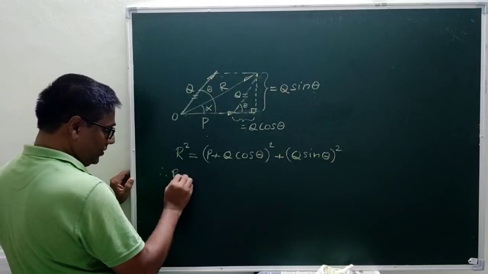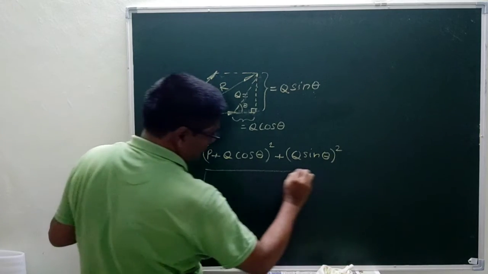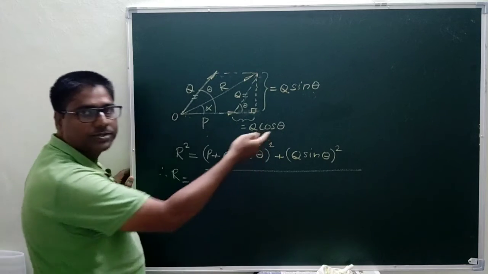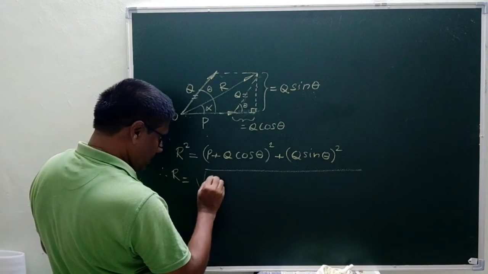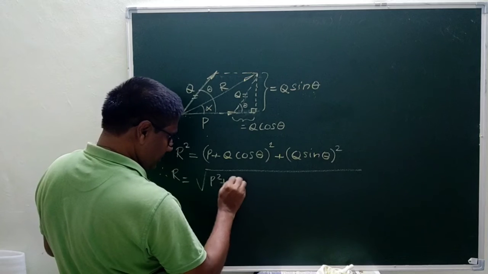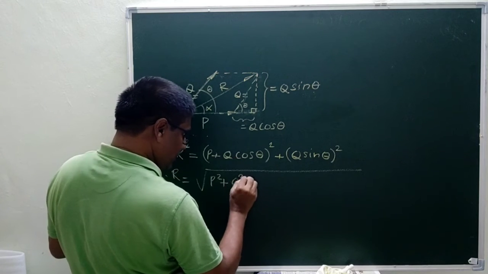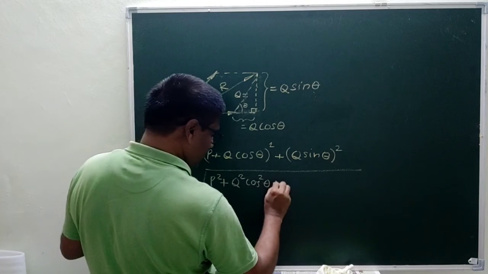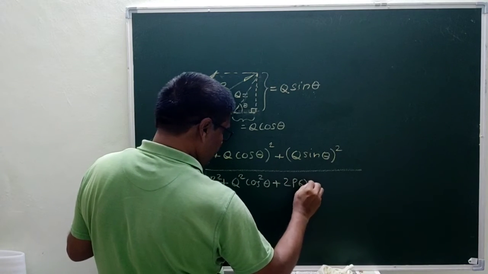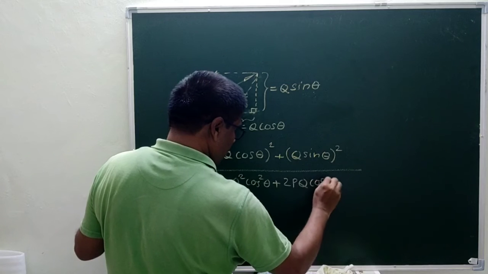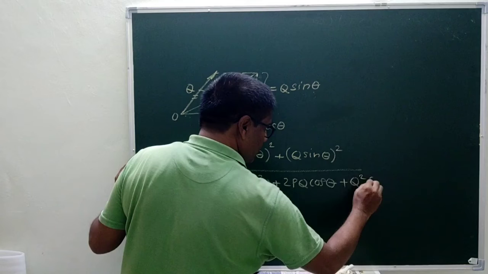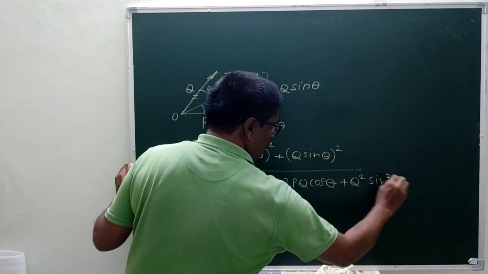Therefore, R is equal to root of this thing. Let us expand this. (A plus B) square, A square plus B square, Q square cos square theta plus 2PQ cos theta plus Q square sin square theta.